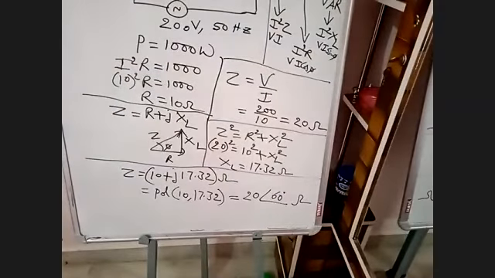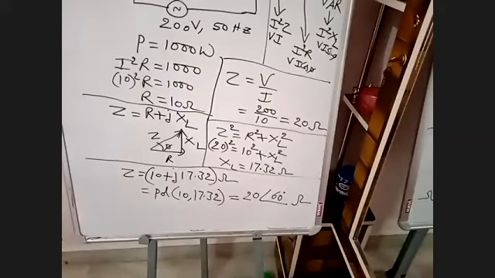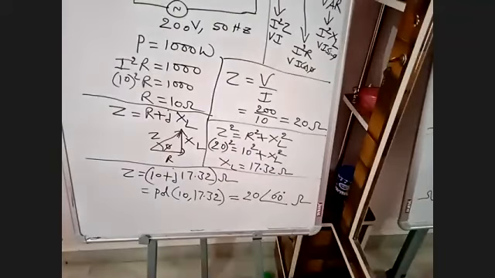Are you getting this? Sir, how 10 comma? 10 is the real part. Comma, what is the imaginary part? 17.32. Yes, sir. So in your calculator, you have to take like this. If you want to convert to polar form, take in your calculator POL 10 comma 17.32.